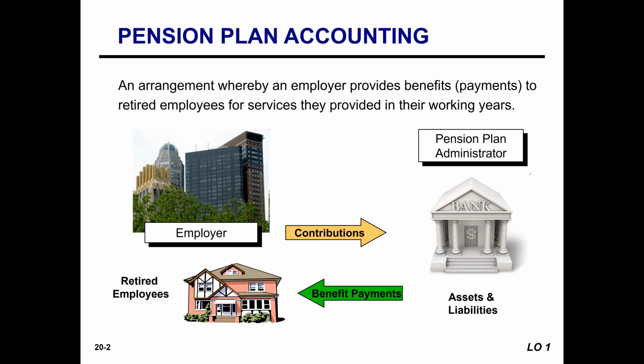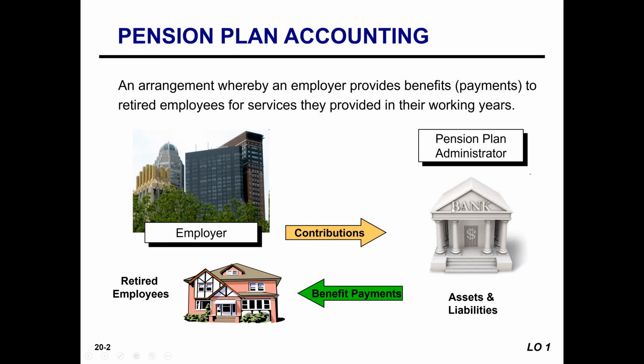So a pension plan is an arrangement whereby an employer provides benefits or payments to retired employees for services they provided in their working years. So the employer makes the contributions into a pension plan administrator, like we see here, right? And this pension plan is going to be made up of assets and liabilities.